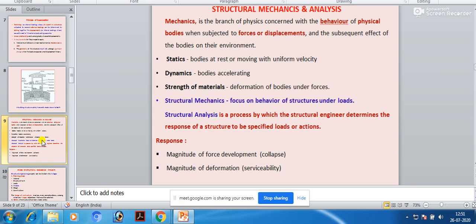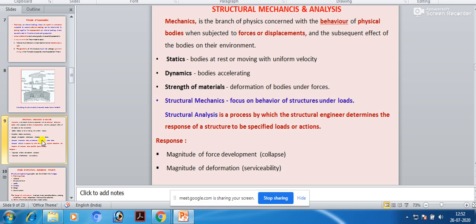The magnitude of force development and the magnitude of deformation need to be understood. So how the forces are developing and how the deformations are happening, we will have to study.